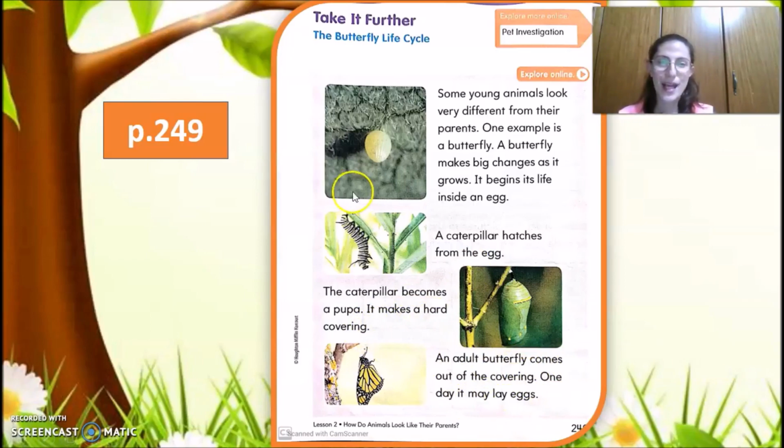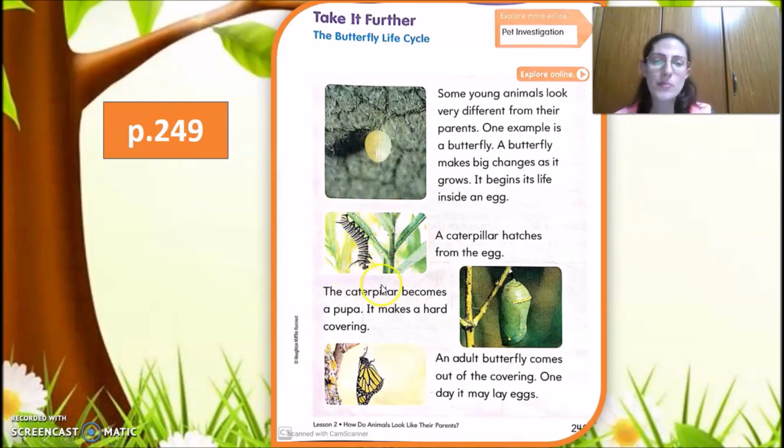Okay, guys? So they're telling us that some young animals, not all, some young animals look different from their parents. They gave us the example of a butterfly. A butterfly, they're telling us, makes a lot of big changes as it grows. At the beginning, it starts as an egg, okay? From this egg, a caterpillar hatches, also known as a larva, okay?